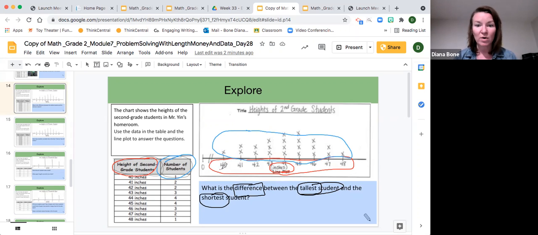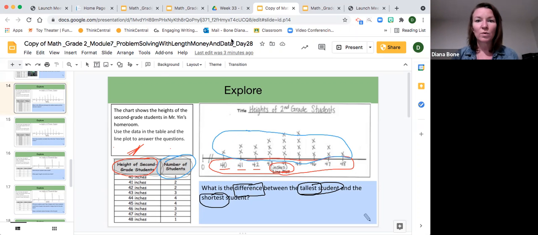Down here, we know that this 40, this 41, this 42 all represent the inches. I'm going to put a big check mark above inches. When I'm asked about the inches, I'm going to be looking at those numbers.